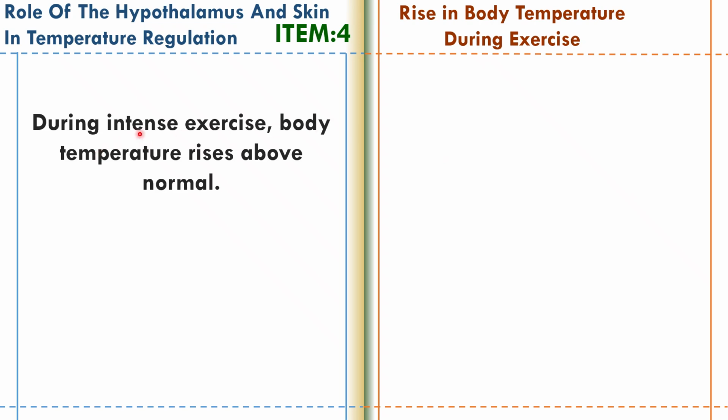Let's now look at the role of the hypothalamus and skin in temperature regulation. Item 4. The rise in body temperature during exercise. During intense exercise, body temperature rises above normal.